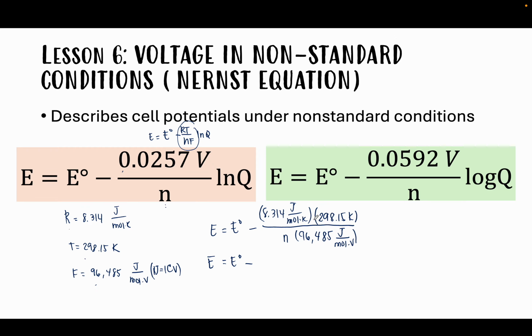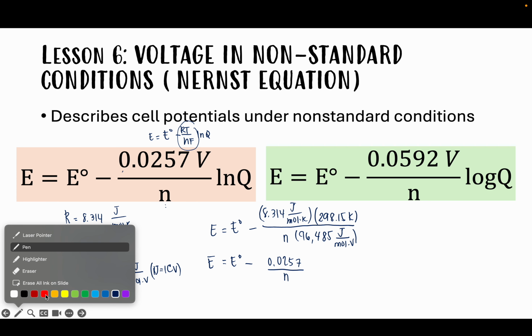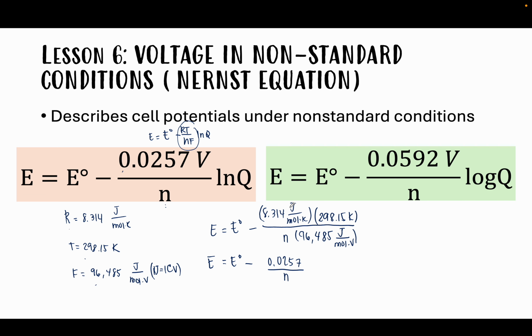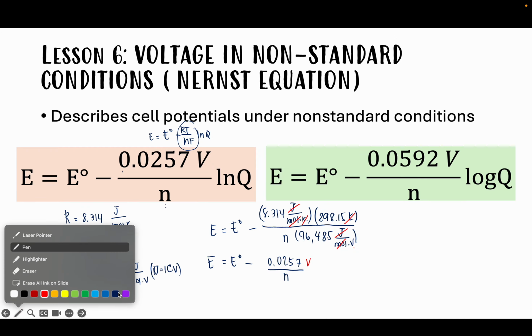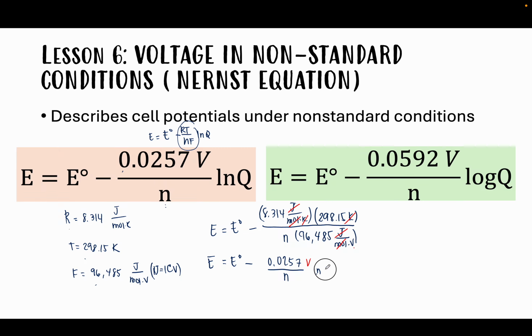So you should get approximately 0.02569, or 0.0257. Now this is all over N. And then, in terms of units, let's cancel units. We can cancel Kelvin, then joules, and mole. Now you have per volt, so volt is left in the denominator. So this will be volt V. And then we have ln of Q.